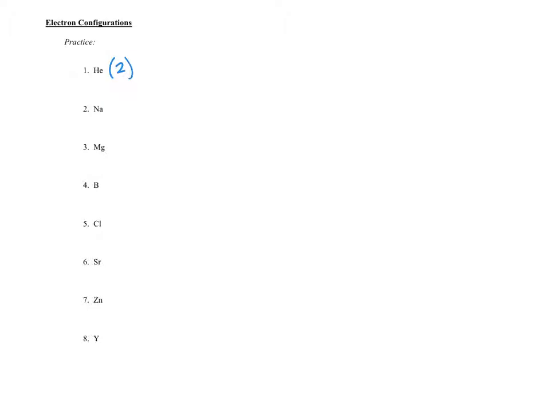So the way you draw the Aufbau diagram very simply is you start with 1s on the bottom, and you go straight up. 2s, 3s, 4s, 5s, 6s, and then 7s. Remember that the first energy level only has 1 sublevel.